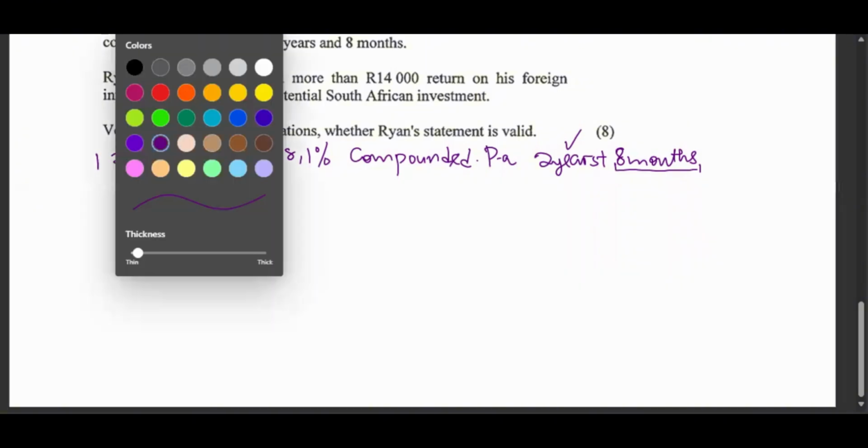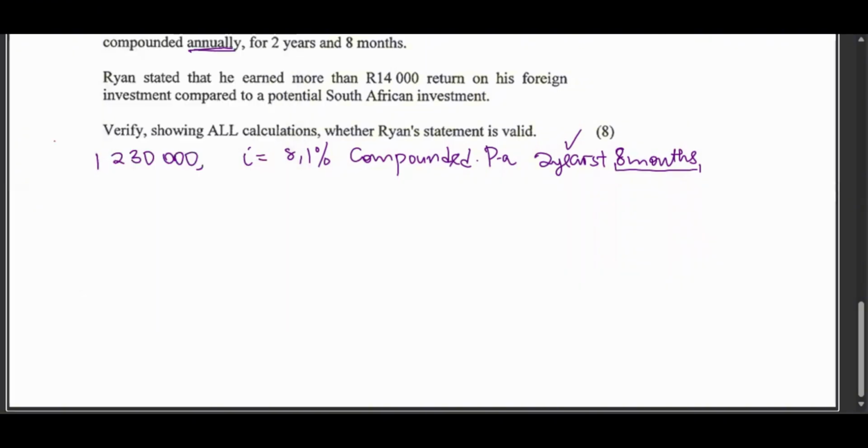At this moment, the money is at 100%. Together, 100% plus the 8.1%, you end up having this much. But remember, this is percentage, so we divide by 100. The final answer becomes 1.081.